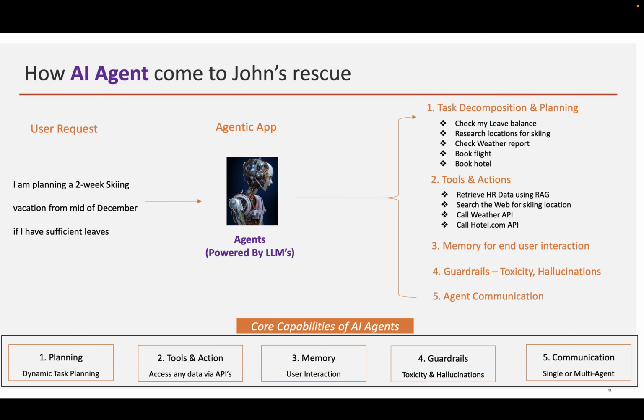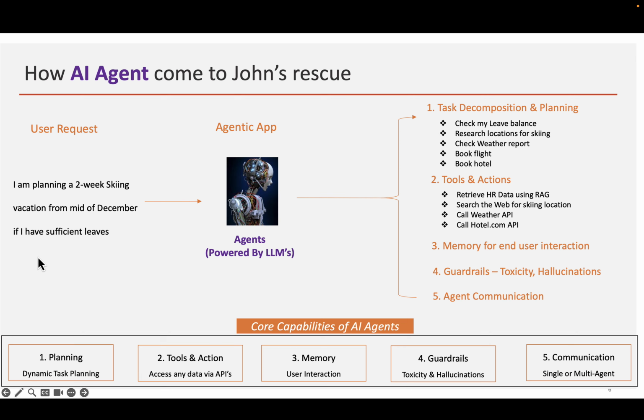Okay, and as I told you, the AI which helps you perform all 5 tasks automatically is called agentic AI. Now this is a very buzzing, very popular word, and I hope it is clear to you. Okay, let's see what an agent can do. So an agent can basically do task decomposition and planning.